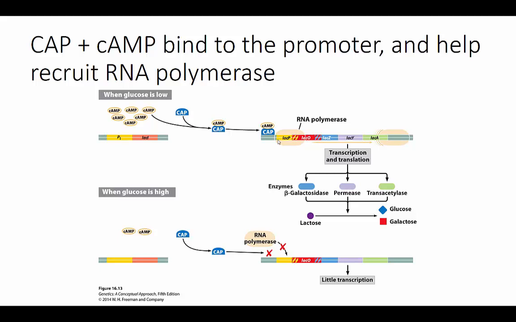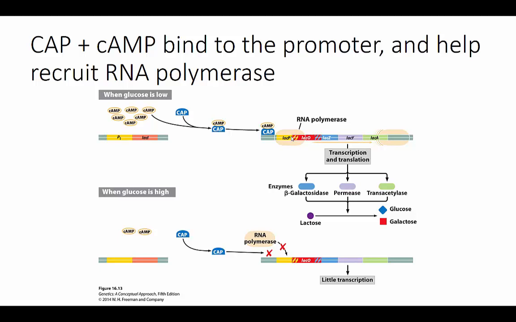This is helpful for the cell because once one RNA polymerase leaves the promoter and starts to transcribe, the time that it takes for a new RNA polymerase to bind to that promoter is really a limiting factor in how much RNA you can make from that particular operon.